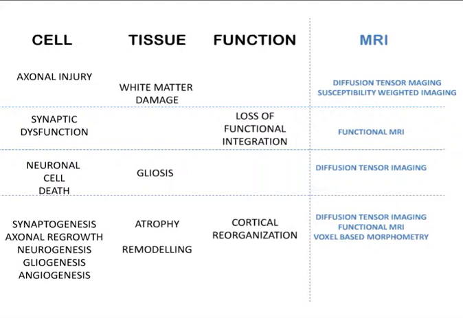And the main point I'm trying to make here is that all of these changes that occur, whether they are cellular, going from axonal injury to synaptic dysfunction, cell death, and then synaptogenesis and neurogenesis, whether we're talking about tissue changes, white matter damage, gliosis, atrophy, remodeling, whether we're talking about important modifications in function, all of these very dramatic changes that occur after trauma can be in some way or other identified, characterized, quantified, tracked using MRI.